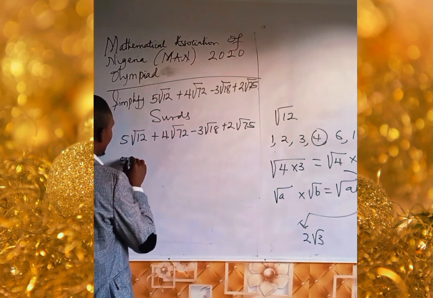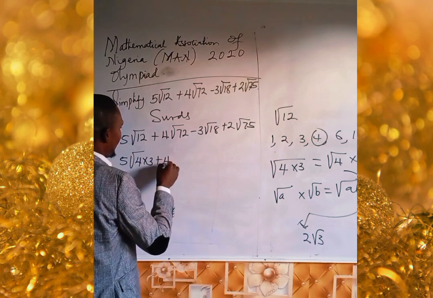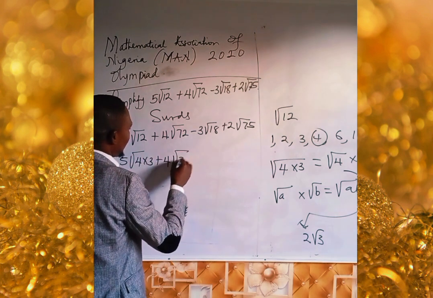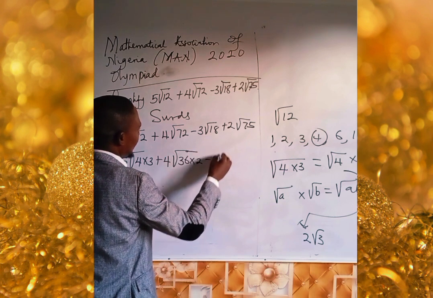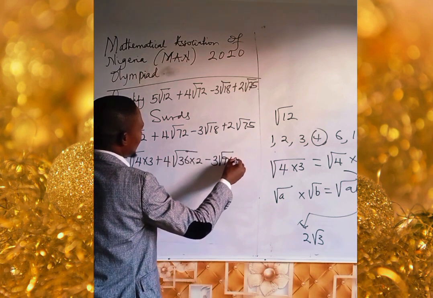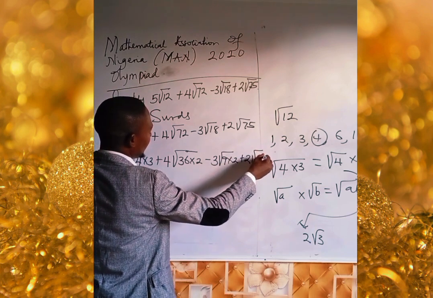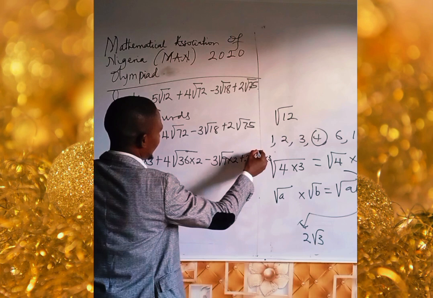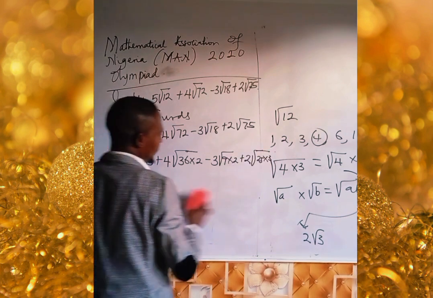Let's proceed now. So this is the same as 5 root 4 times 3, plus 4 root 36 times 2, 3 root 9 times 2, plus 2 root 25 times 3. Yes, this is very simple.